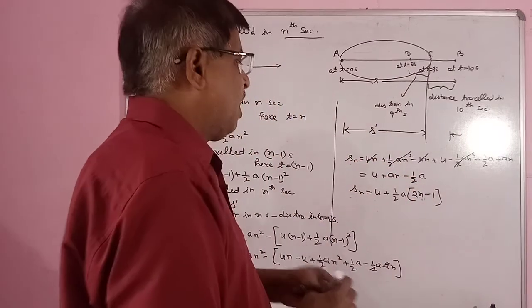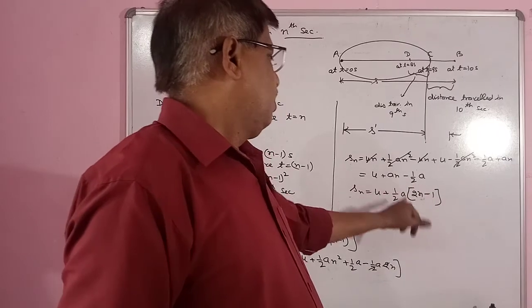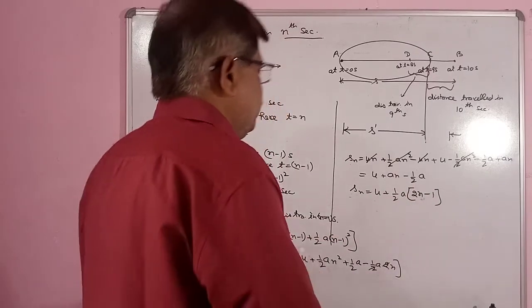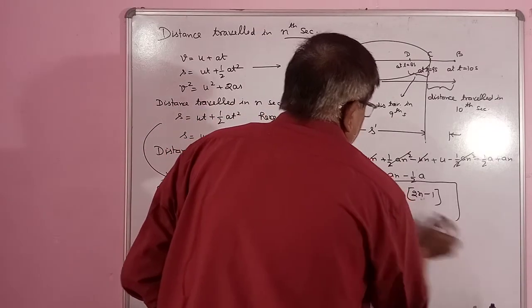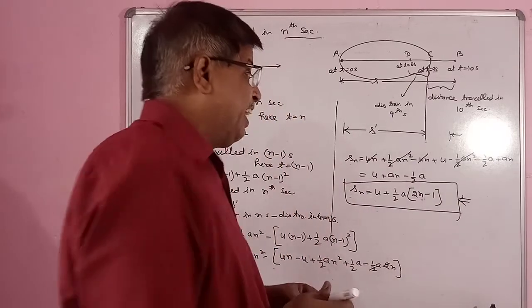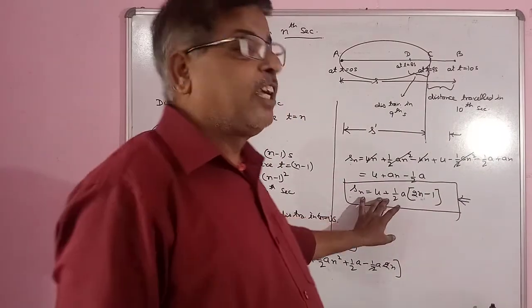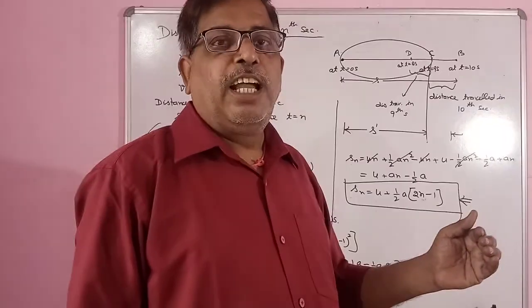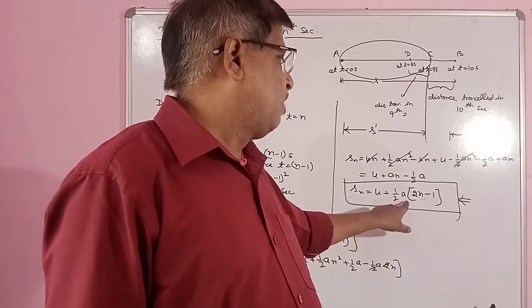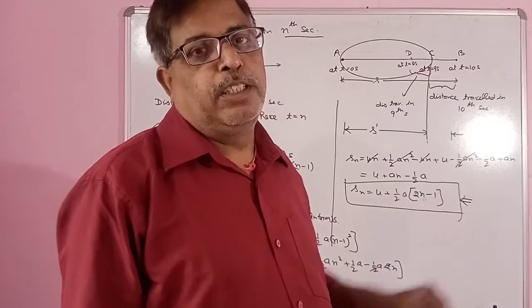If we take half a common here, what is left? 2n minus 1. So this is the desired equation, distance traveled in the nth second: u plus half a into 2n minus 1.